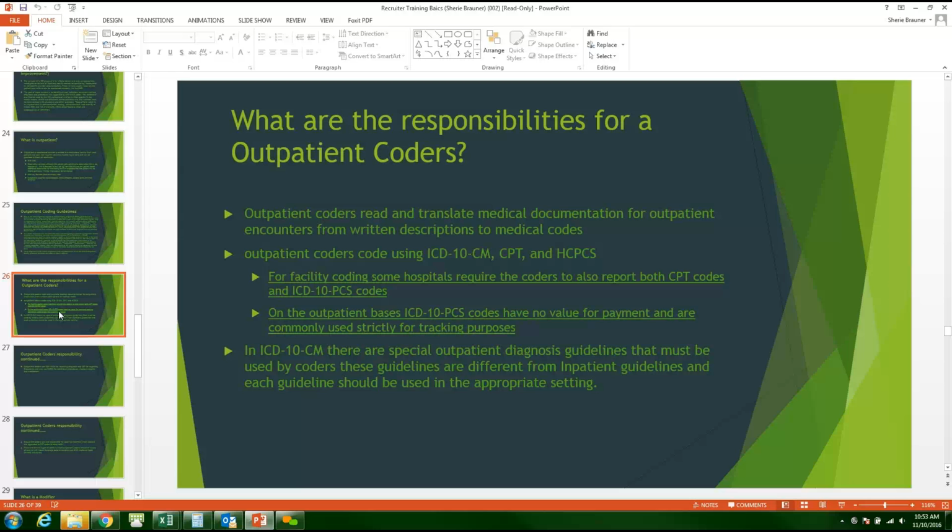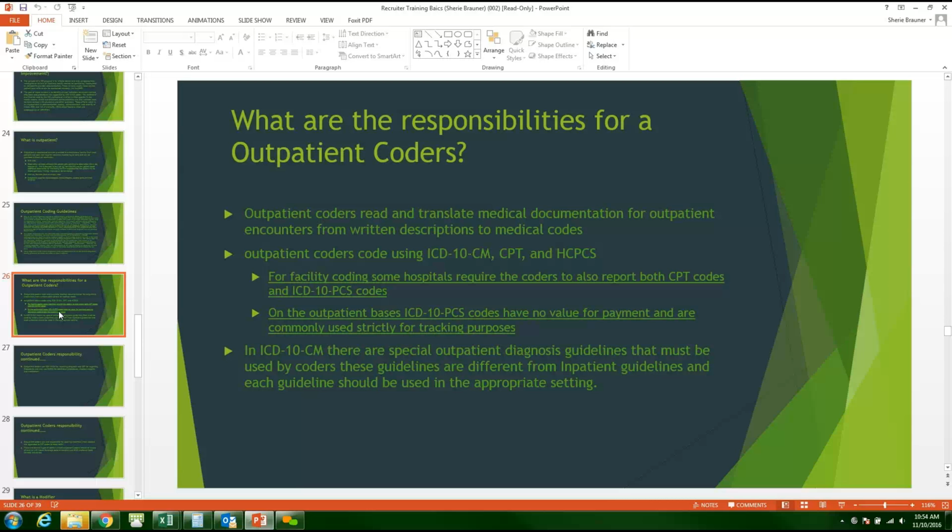I wanted to point out on the slide that you will hear PCS is very rarely used for outpatient, but it is required for inpatient. Keep in mind, too, that if a coder can code inpatient PCS, and they're well-versed, they are a really good coder when coding these procedures, then they should be fine coding the PCS codes for outpatient.